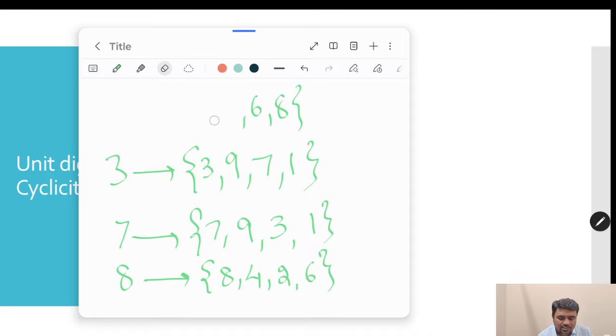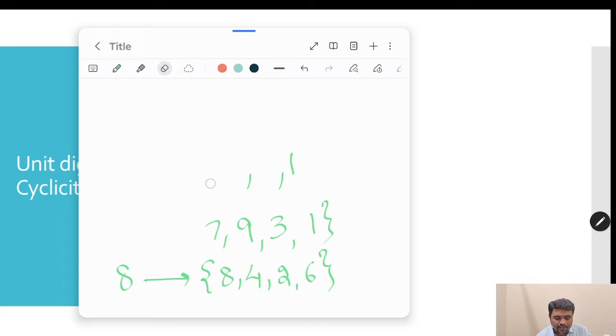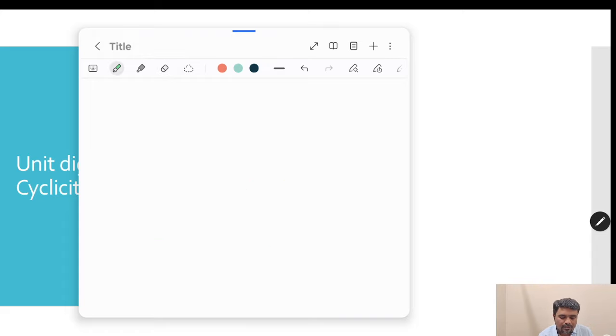And the remaining two numbers are 4 and 9. For 4, the cyclicity is even more simple, just 4 and 6. If the power is an odd number, the unit place is always 4.